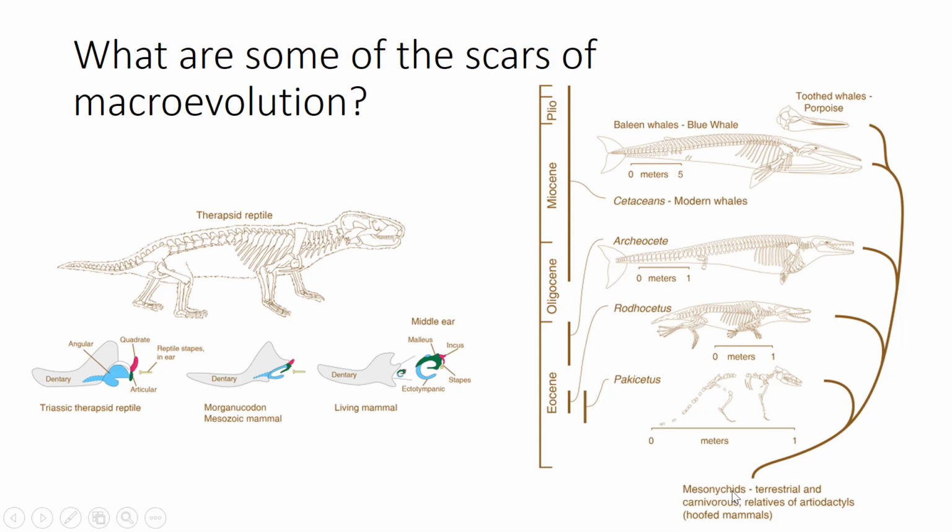Modern whales, we have generally a very consistent and predictable sequence, moving from a terrestrial organism to a semi-terrestrial or semi-aquatic form to a fully aquatic form that still has some terrestrial features to a fully aquatic form with absolutely no terrestrial features. The organisms show up in the right order in the fossil record.